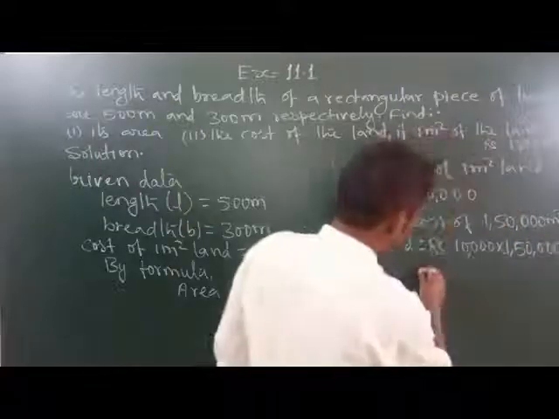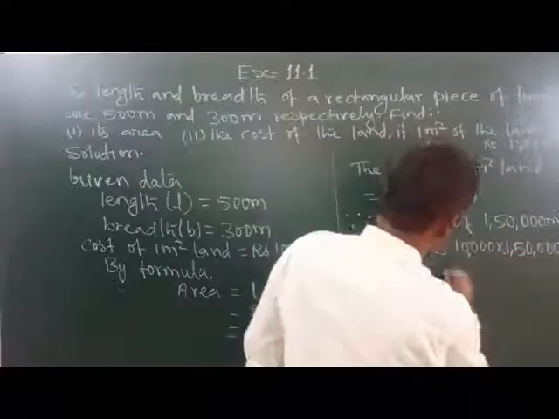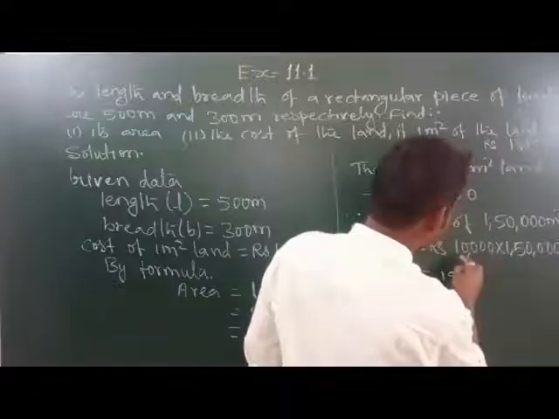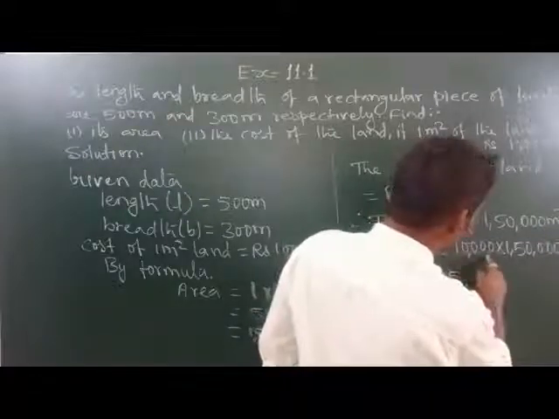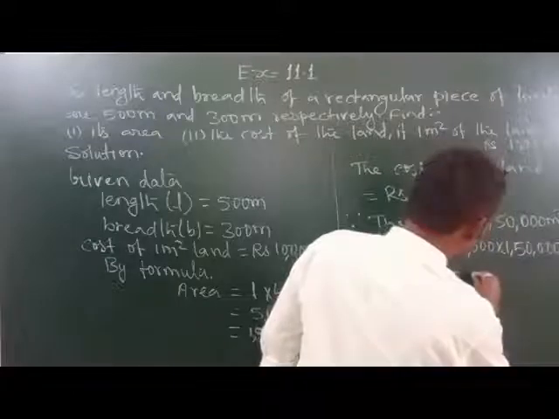Okay, now if you multiply, 1 times 15, you will get 15, followed by how many zeros? Here 4 zeros and here 4 zeros, means 8 zeros.